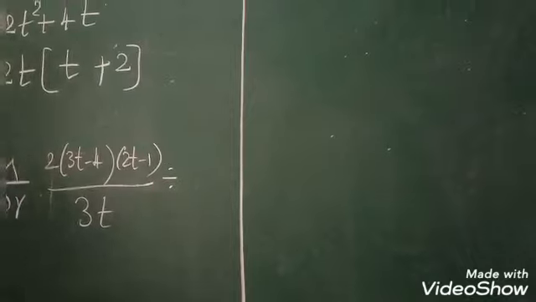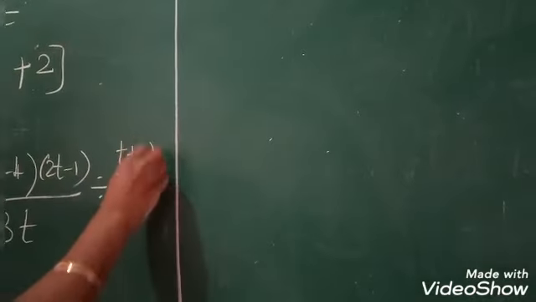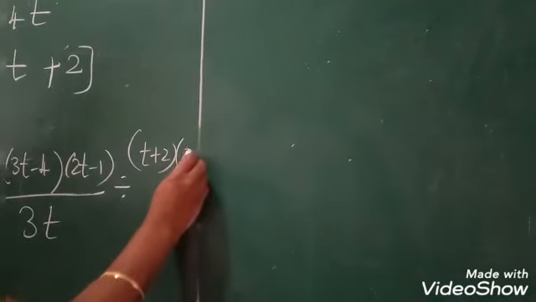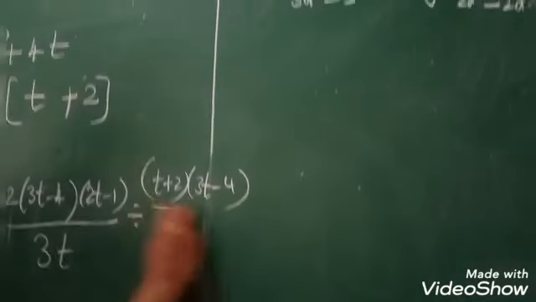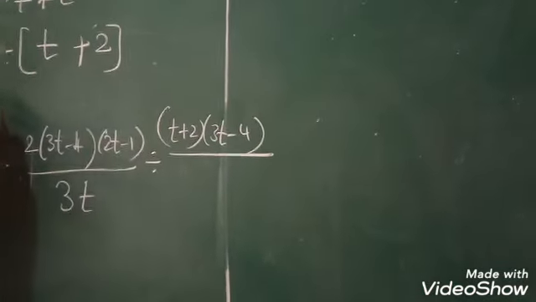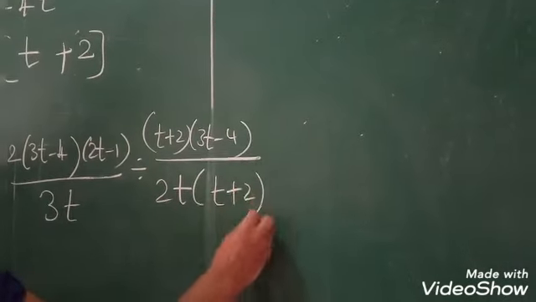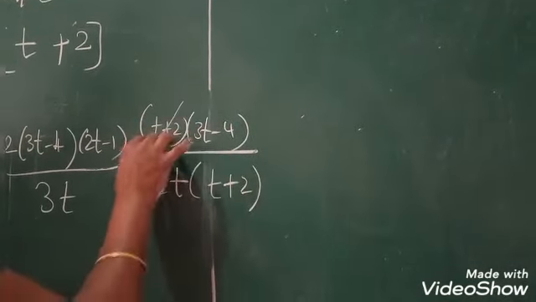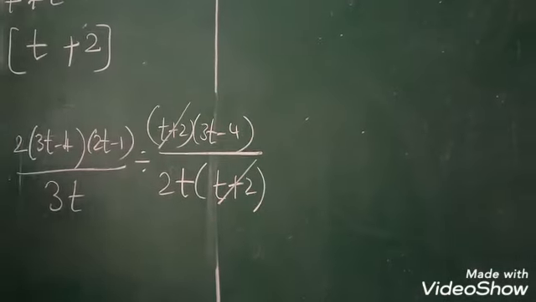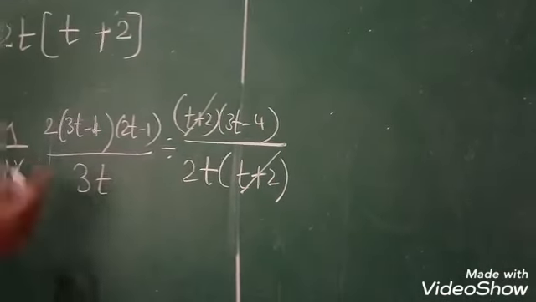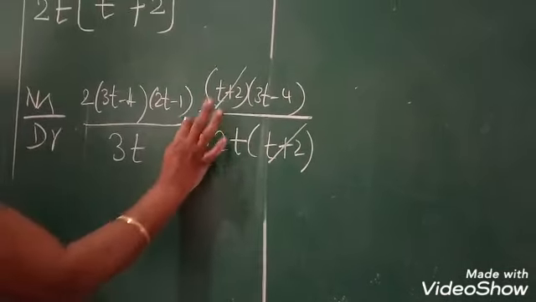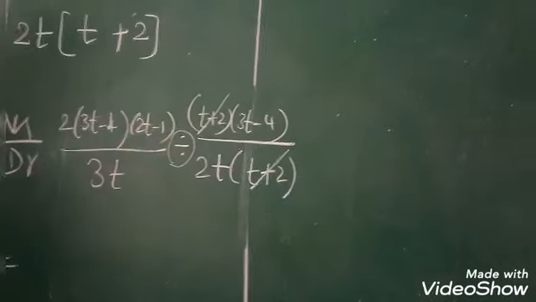What are the factors? Yes, t plus 2 one factor, the other factor is 3t minus 4. Okay, divided by the denominator. What you found? Yes, 2t into t plus 2. Now here itself we have to cancel t plus 2, t plus 2. Okay, here it cannot be cancelled. So the division symbol I am going to change to the multiplication symbol.